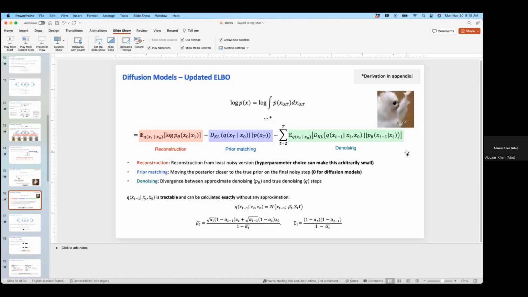And the 1,000 time steps is only done so that they can completely ensure that the final version is a Gaussian, right? So the way you would ensure that it's a Gaussian is by taking enough steps. However, there is a flip side to that. We don't want to go too far so that the last few steps offer no information whatsoever.